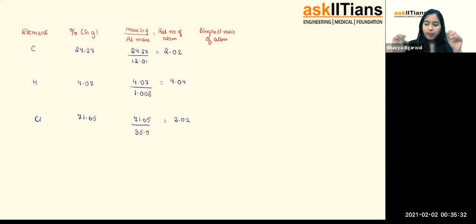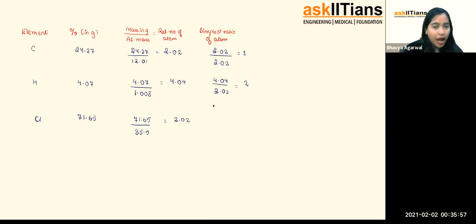Now, what is the simple value? The simple value is 2.02. So I'll take the relative number of atoms and the smallest is 2.01 or 2.02. So the simplest atom ratio will come out to be 1 for carbon. For hydrogen, it comes out to be 2. And for chlorine, again it comes out to be 1.